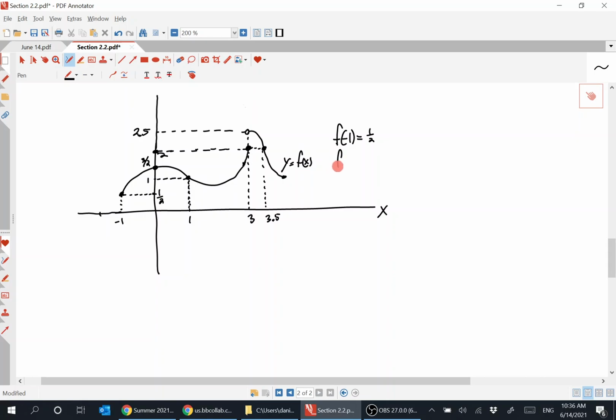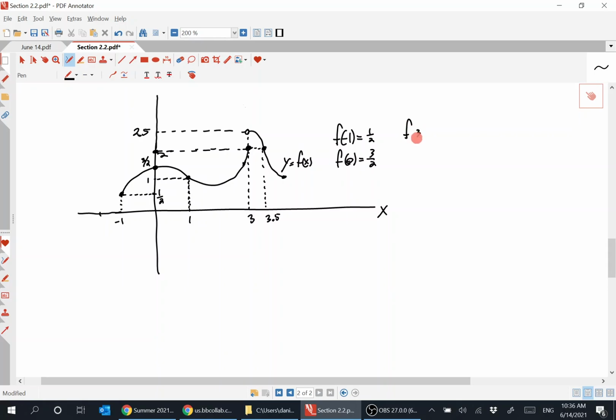What is f of 0? If we take x equal to 0 and then we go vertically to the function, then we've hit y value what? Well, what's labeled there? 3/2. 3/2.